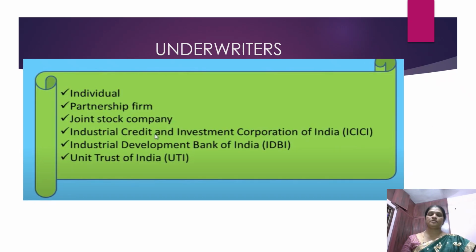The underwriters can be an individual, a partnership firm, a joint stock company, the Industrial Credit and Investment Corporation of India, the Industrial Development Bank of India, and the Unit Trust of India.